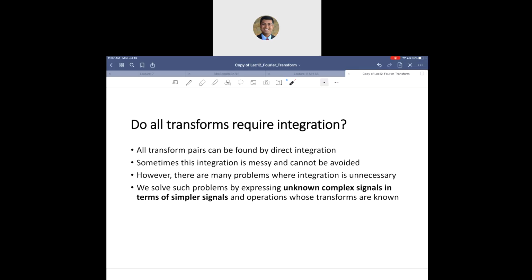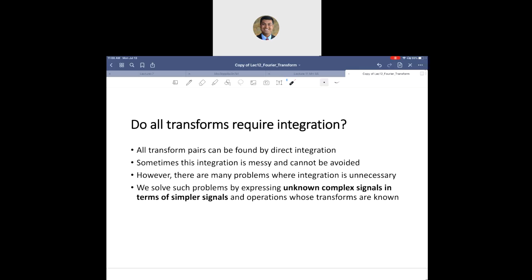How can you avoid that integration? You can avoid it by expressing the unknown complex signals in terms of simpler signals and operations whose transforms are known. A quick example: suppose you wanted to find the Fourier transform of a triangle and you knew the Fourier transform of a rectangle.